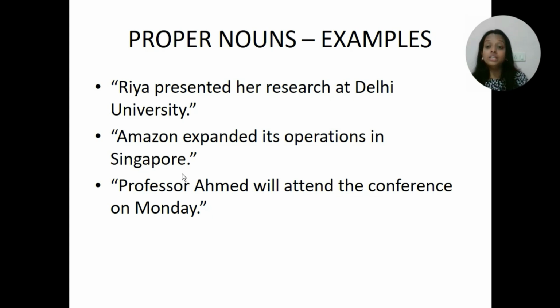Which country? Singapore. Professor Ahmed will attend the conference on Monday. So we did not say he will attend the conference on weekdays. We have specifically mentioned the professor's name here, and on which day, right? So these are the examples of proper nouns.